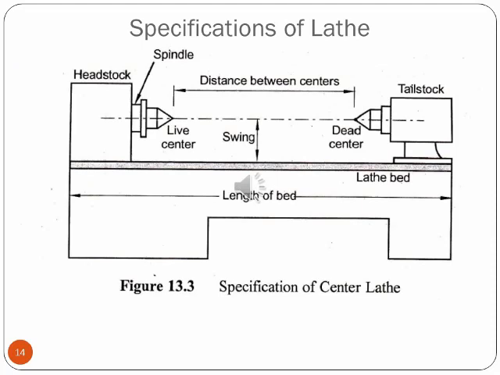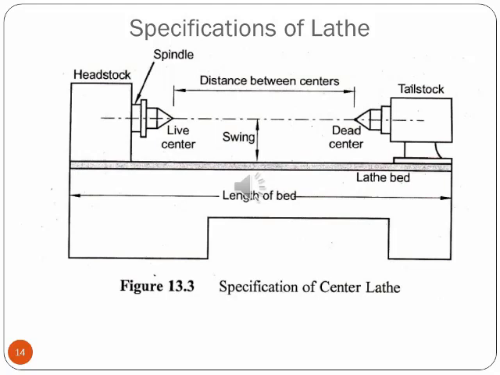We shall see the specifications of a lathe machine. The size of a lathe is specified by the following figure: the maximum diameter of the workpiece that can be revolved over the lathe bed. Instead of this, sometimes the height of the centers above the lathe bed is also specified. One of these specifications is given by the manufacturers.